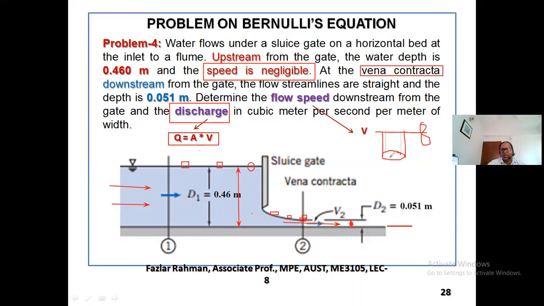When you see water coming out, you will see that the diameter of the water shrinks a little bit when it's falling down. You can look carefully. Right over here, the water streamline shrinks. That region is called the vena contracta.